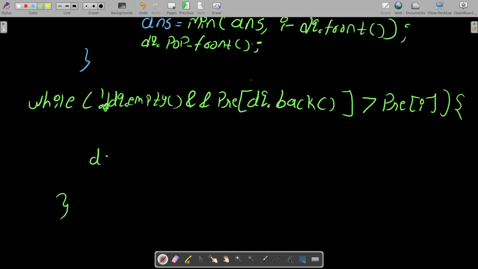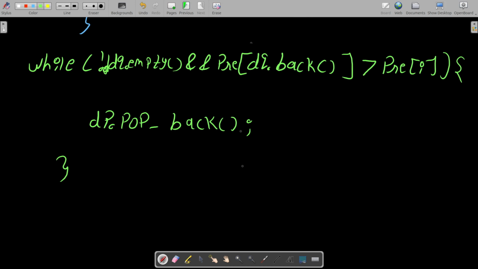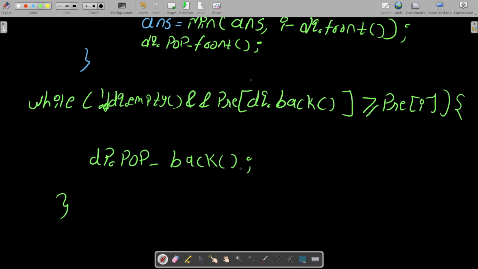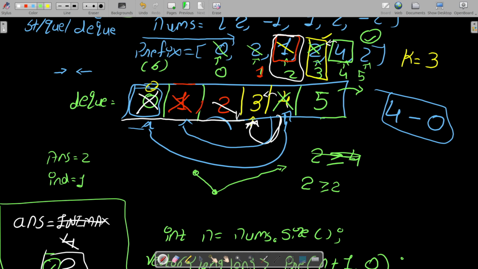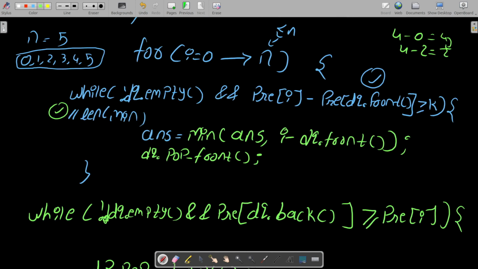Then we would do dq dot pop back. Remember we have removed the 2, right? We could do equals to as well because it will be easy, so we could remove that as well.